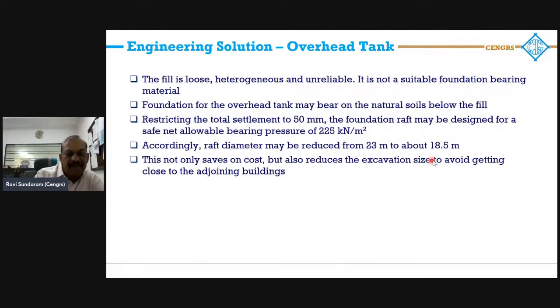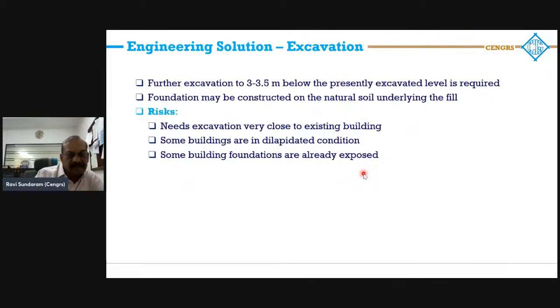So raft diameter was reduced to 18.5 meter. Some saving in the cost, also reduced the excavation size, and also you won't get as close to the existing building as you thought. So a further excavation below the excavated level, another 3.5 meter, was required, and the foundation construction may be taken up on the natural soils.